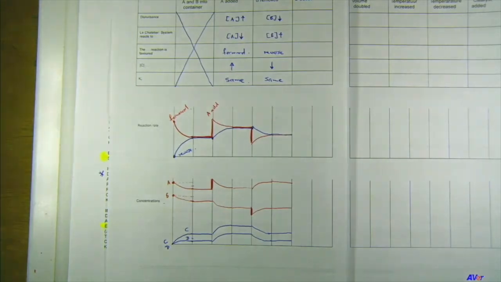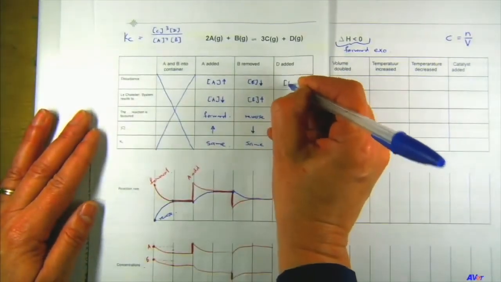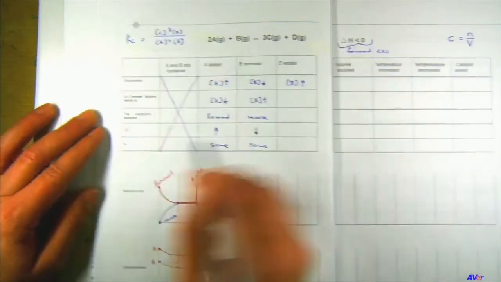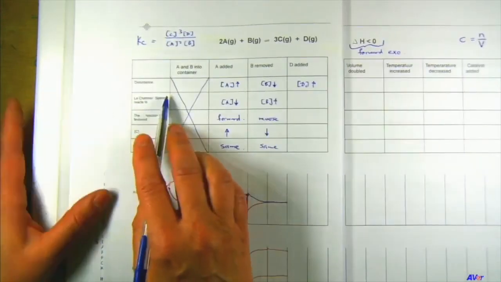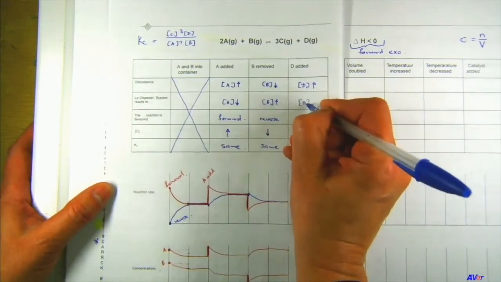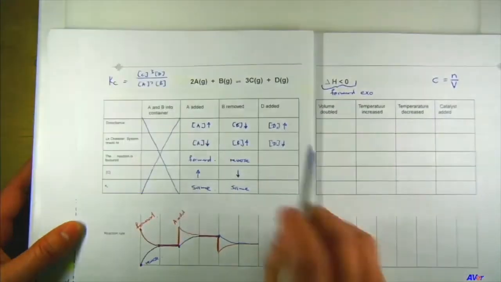Now the next one should be easy. Now the next one is just one more. Now I'm adding D. So when you're looking at Le Chatelier, the disturbance will be the fact that the concentration of D increases. Then, according to Le Chatelier's principle, the system reacts to decrease the concentration of D. How can it decrease the concentration of D?